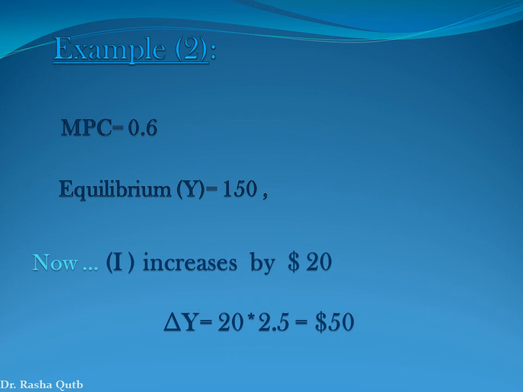Now let's take another example. We are given MPC equals 0.6. When we calculate the equilibrium national income, we find it equals 150. Now it is given that investment increases by $20.